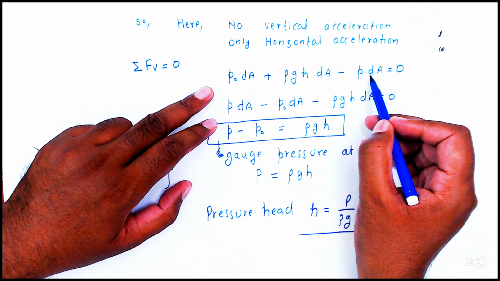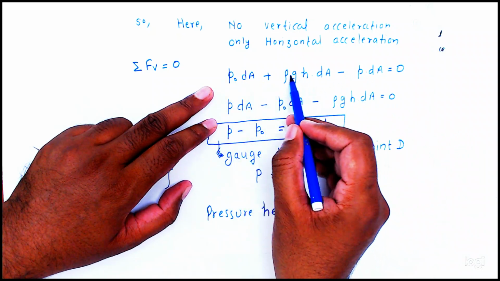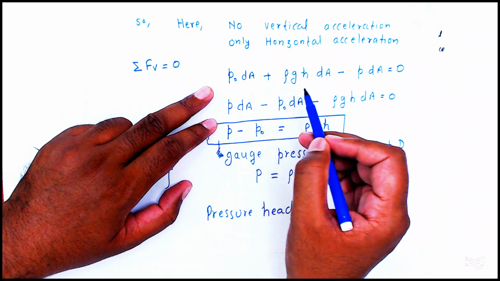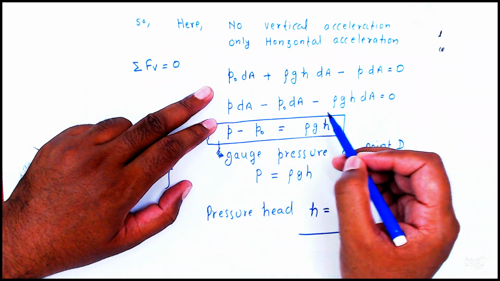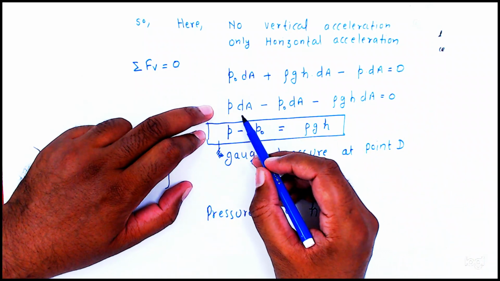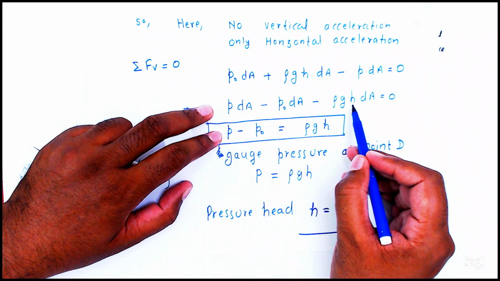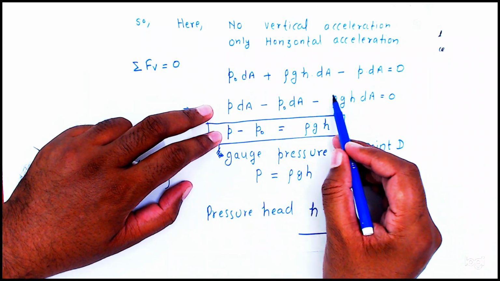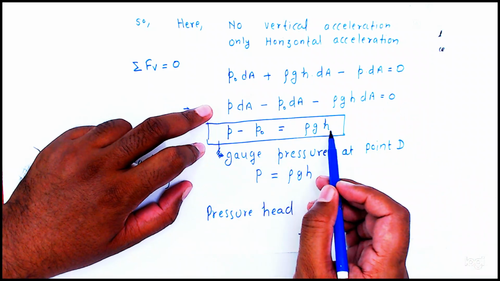So P into dA plus this term minus P naught dA, and this term also will be minus rho g H into dA. So dA cancels out, and what is left? P, P naught minus rho g H. So rho g H, this term we send to this side. So P minus P naught equal to rho g H.